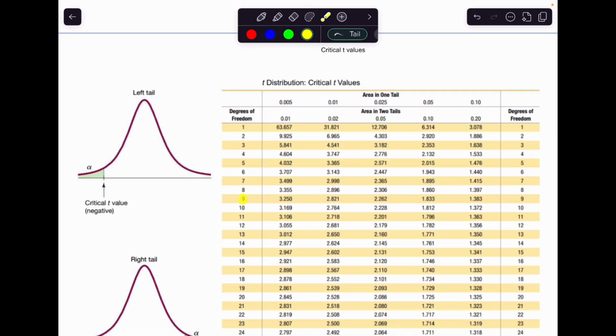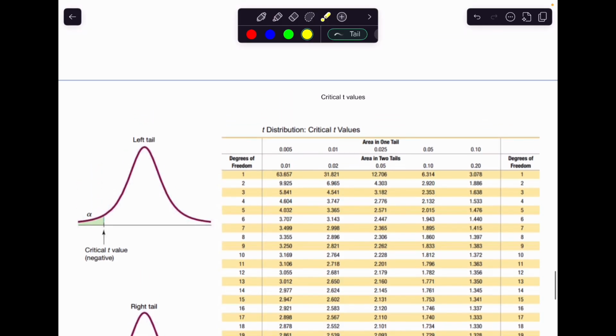And say you want a 99% confidence interval, this value would be your critical score here, because you would look at the 99%. If you have 20 pieces of data, your degrees of freedom then would be 19. And if you want a 95% confidence interval, your area in the 2 tails should be 0.05. So this would be that critical t-score that you would use.